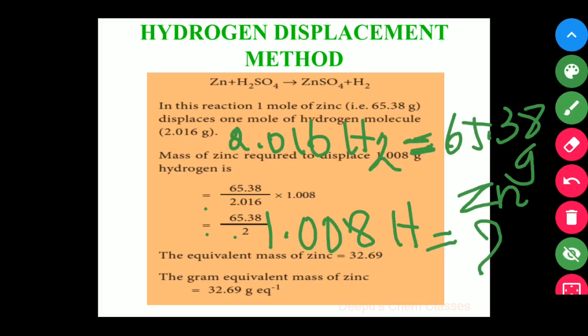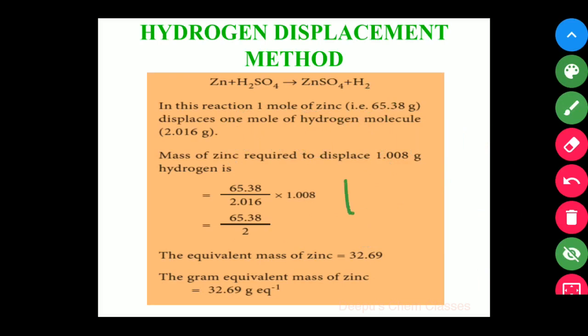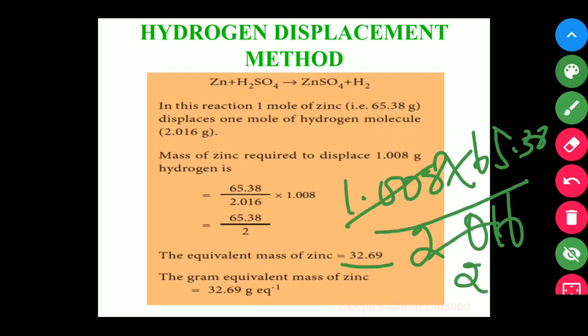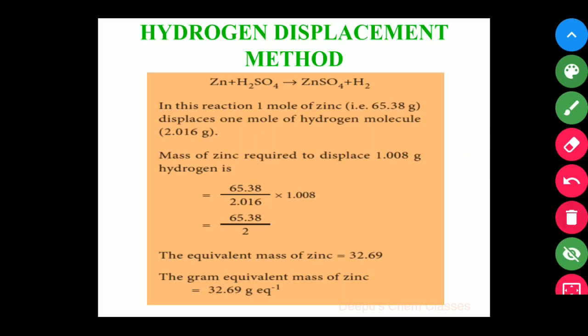Now cross multiply and bring 2.016 under division. So you get 1.008 into 65.38 divided by 2.016. If you simplify this value, you get 32.69 as the answer. That is the equivalent mass of zinc.